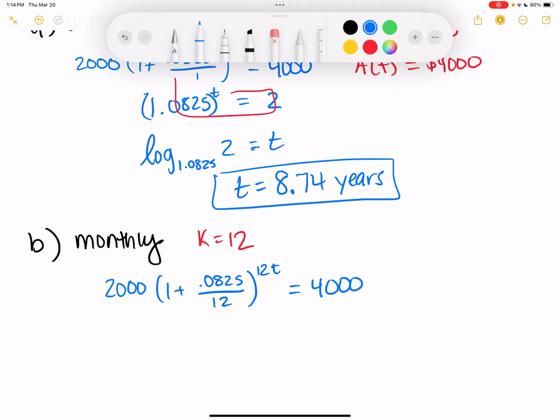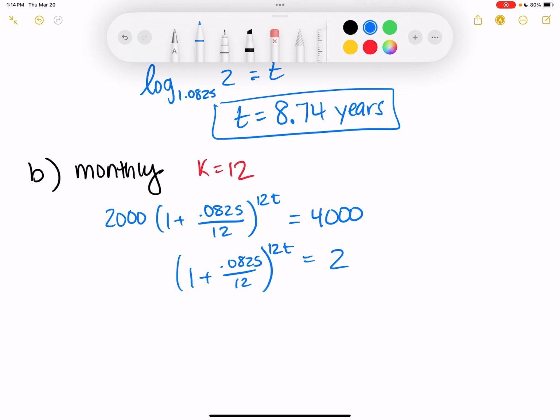So 1 plus whatever that is, to the 12t equals 2. And then the log base 1 plus 0.0825 over 12 of 2 equals 12t.